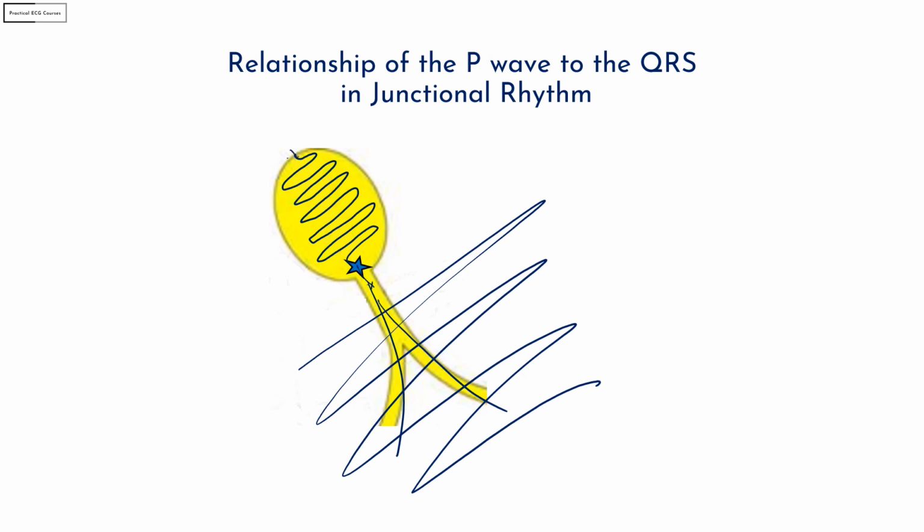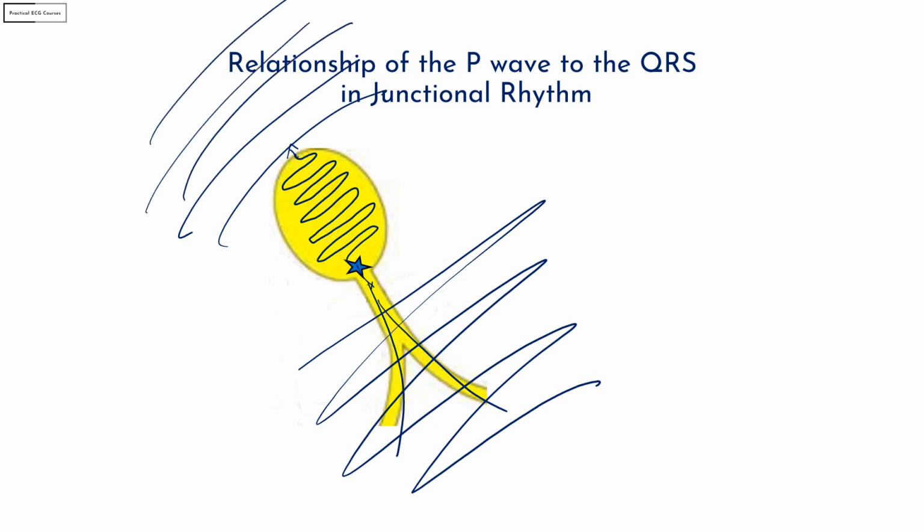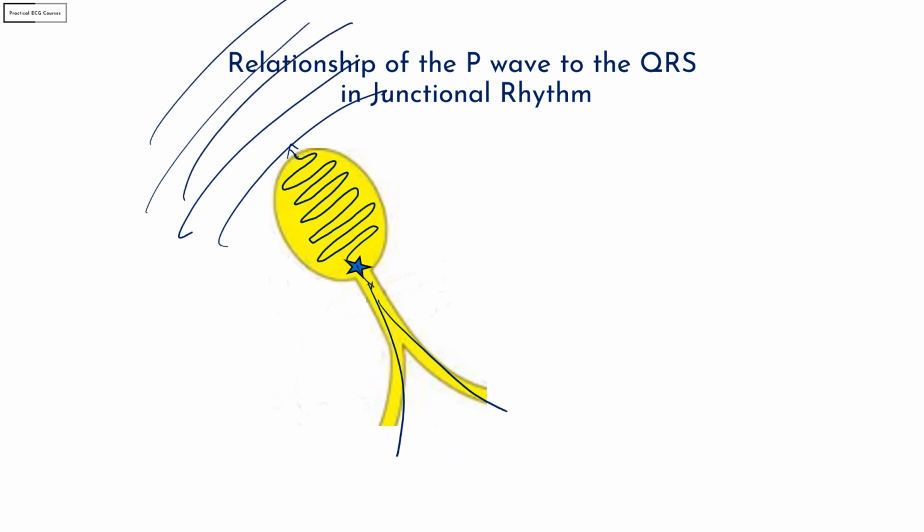Once it leaves the AV node, it results in a depolarization of the atria as well. But by then, the ventricular depolarization is already over. So what happens if the foci is in the distalmost part of the AV node? The ventricular depolarization occurs first and is then followed by the atrial depolarization. On the ECG, this is reflected as an inverted P wave which occurs after the QRS.